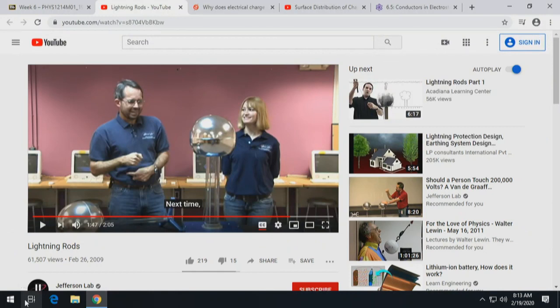But I thought you'd like to see how a lightning rod works. Now, sometimes the lightning rod works in a different way because you can have ground to cloud lightning, cloud to cloud lightning, and cloud to ground lightning.